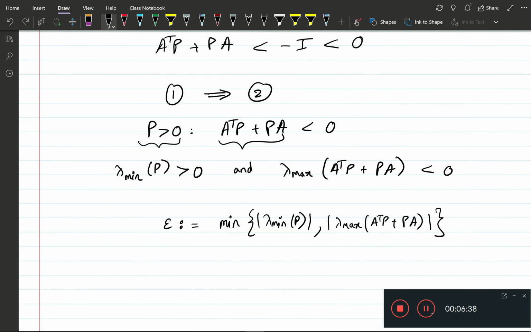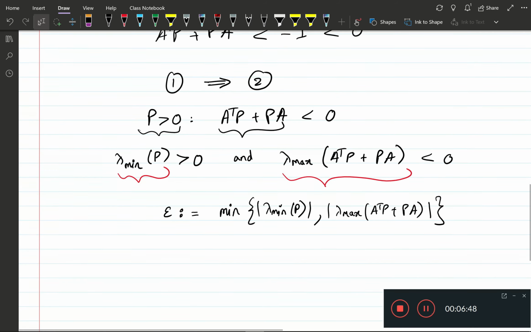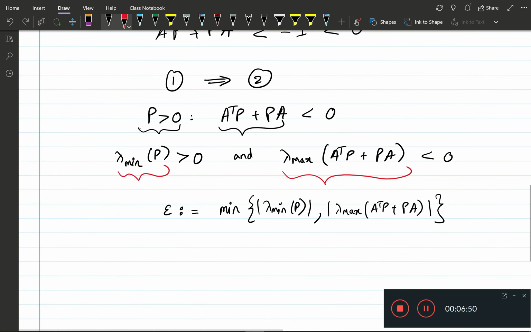So we choose epsilon as the minimum of these two quantities in absolute value. And once we do that, we have that P is then greater than or equal to epsilon I, such that A transpose P plus PA is less than or equal to minus epsilon I.